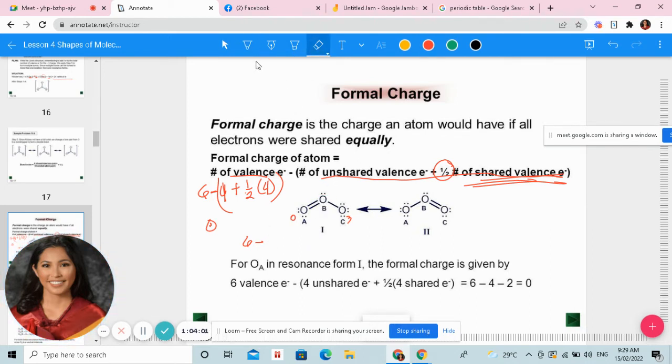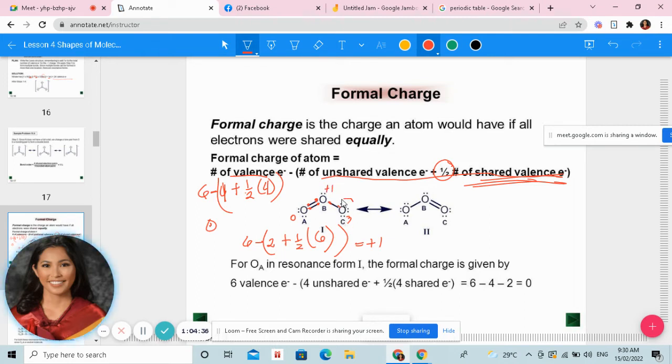Okay, we have 2, plus 1/2 times the shared valence electrons: 3, 4, 5, 6. How much is this? 6, so 3. 3 plus 2 is 5. That is positive 1. So it has positive 1 here.